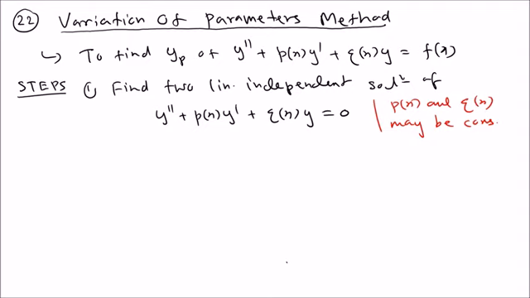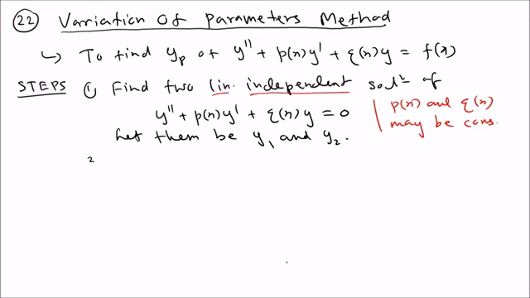You find two solutions, and let them be linearly independent. Let's call those two solutions y1 and y2. Those are the solutions of the complementary equation, the homogeneous equation.